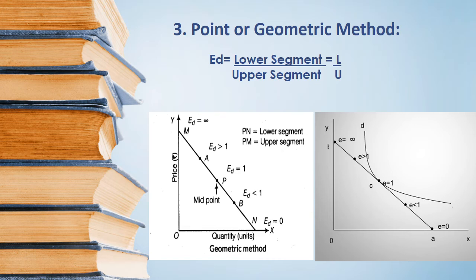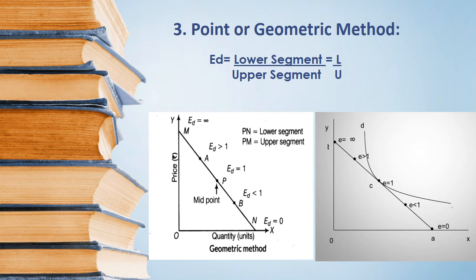And as shown in the diagram, different points depict different elasticity. That is, if you put the numbers in the ratio, lower segment upon upper segment, and you get the answer as 0, then elasticity is 0, that is perfectly inelastic demand.